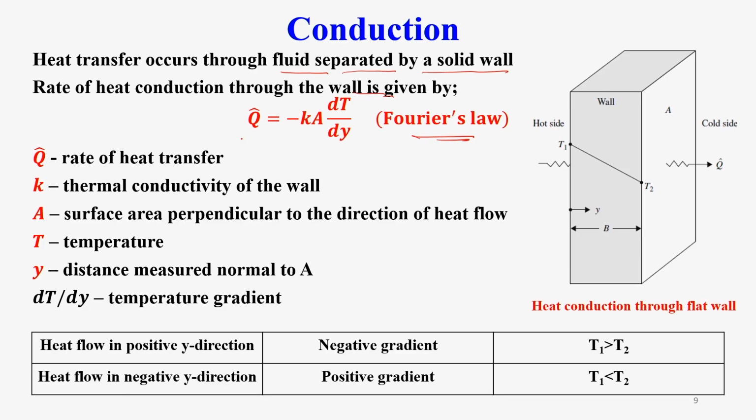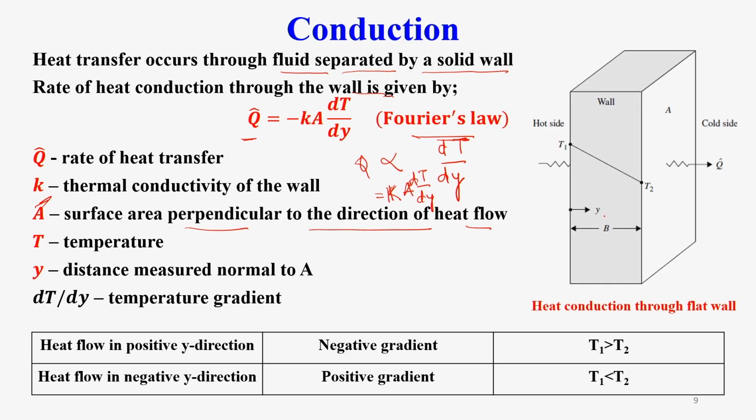It says the rate of heat transfer is proportional to the temperature gradient dT upon dy, and the proportionality constant is thermal conductivity K. K is the thermal conductivity of the wall or the metal, into A, the surface area perpendicular to the direction of heat flow, into the temperature gradient dT upon dy.